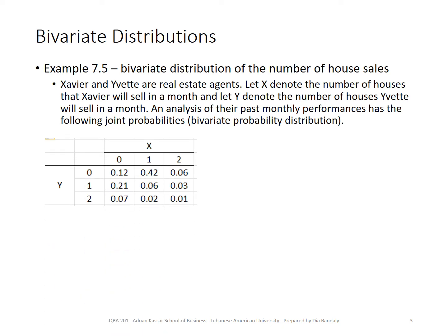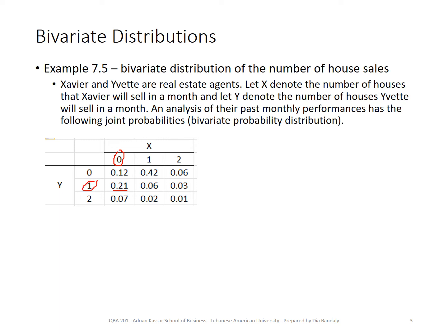So how can we interpret this bivariate probability distribution? Okay, let's take any value here. For example, 0.21. What does it mean? This is the probability that Xavier sold nothing, you see here the 0, and Yvette sold one house.